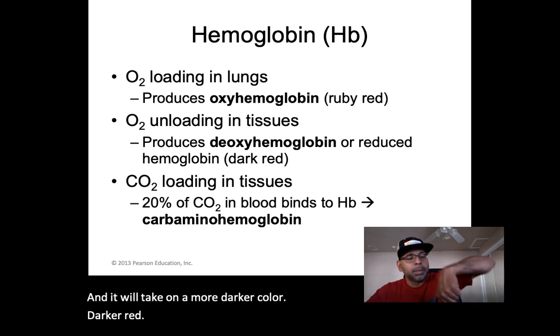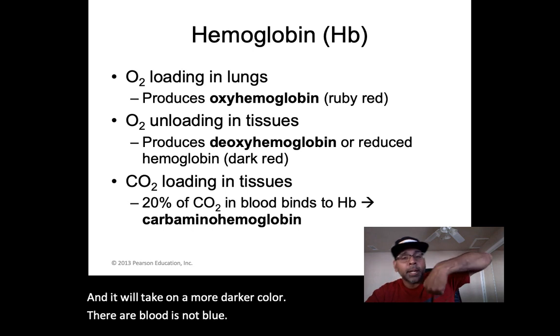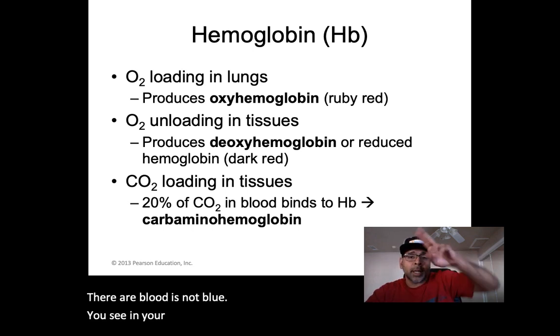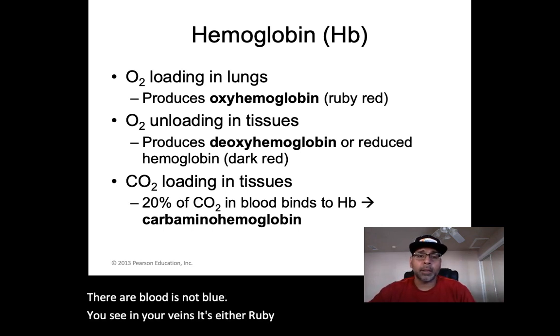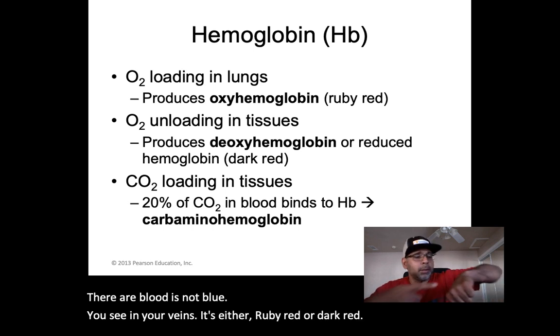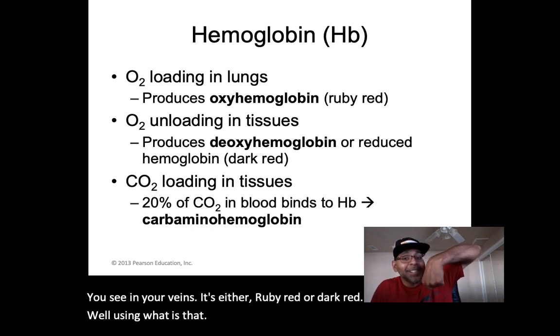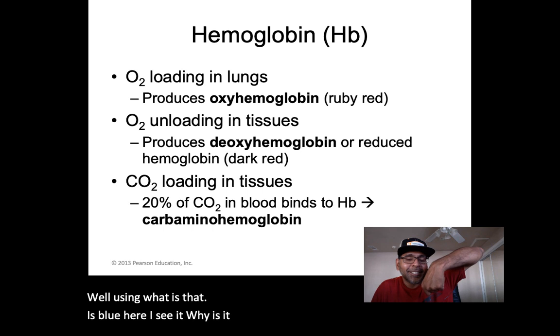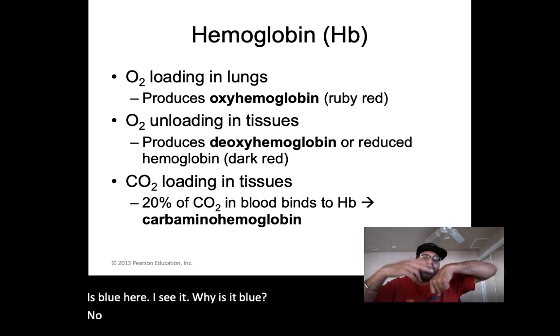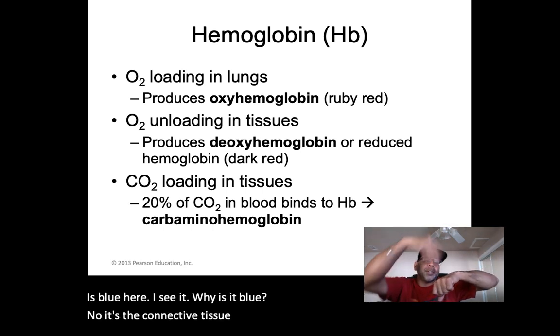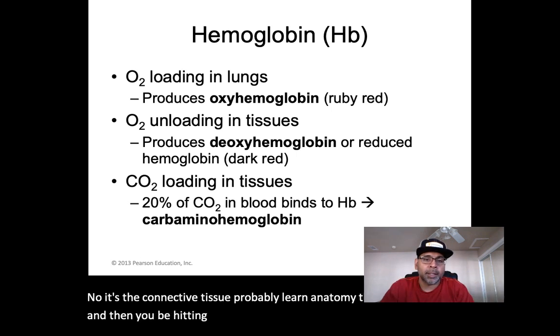Our blood is not blue like you see in your veins. It's either ruby red or dark red. You might say, well, it's blue here, I see it. Why is it blue? It's the connective tissue, as you probably learned in anatomy, and then UV hitting it gives it that color.